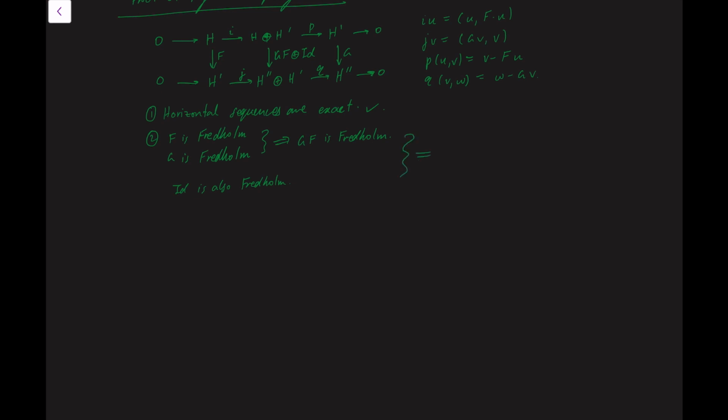So these two give us that GF direct sum the identity is Fredholm. Thus, all vertical maps are Fredholm, just as desired.